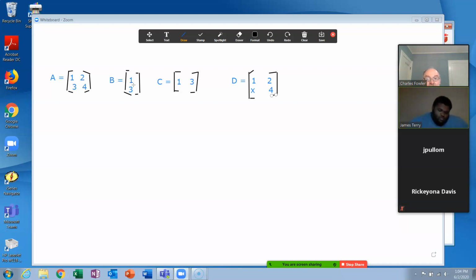Later we'll see a vector is an array of numbers with just 1 dimension. C, can you guess what name it could have? Row matrix, or a row vector, exactly. And again, D is a square matrix. Same number of rows and columns.